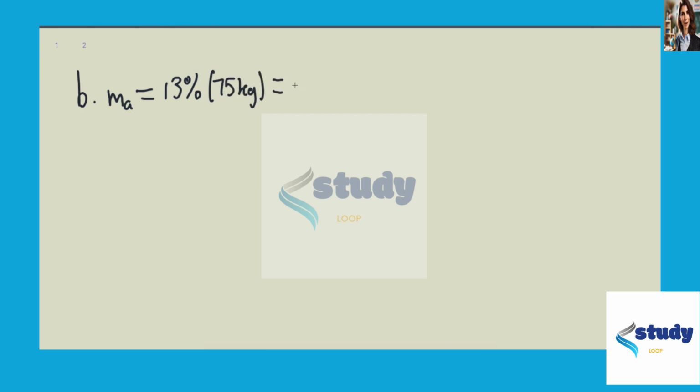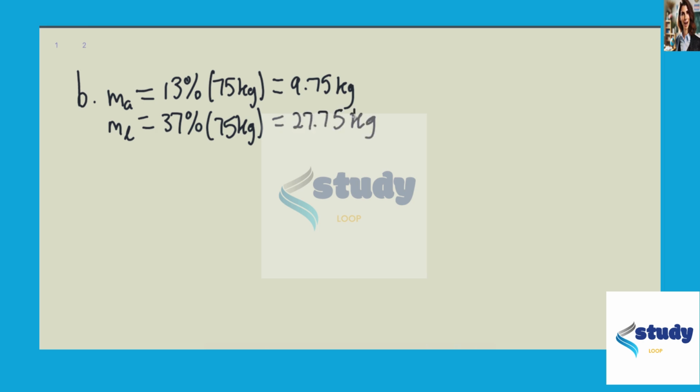So the mass of the arms is 9.75 kilograms. The mass of the legs is going to be 37% of the mass of the runner. So this will be 27.75 kilograms.